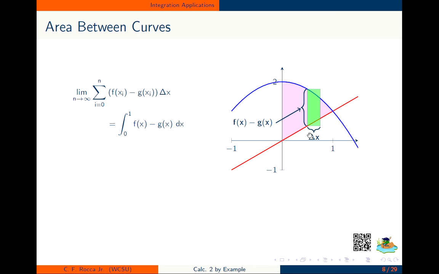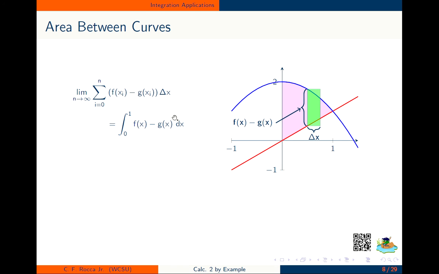I multiply that by the width of the rectangle, and the width of the rectangle is delta x. It's the change in x. It's how big your little step is. So each individual rectangle has area f of x minus g of x, and then you multiply by its width.